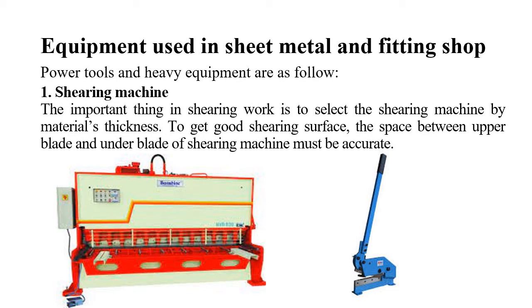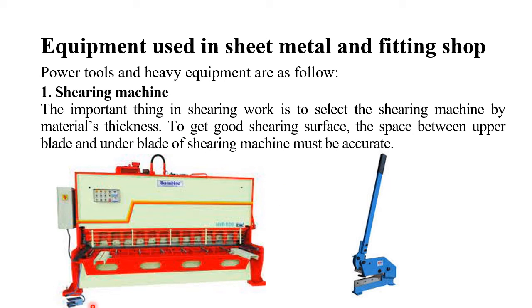Let's move on to equipment used in sheet metal and fitting. We have used a few tools, but there are many equipment used in this shop. Here we start with shearing. Shearing machines or equipment are used to cut the sheet metal.